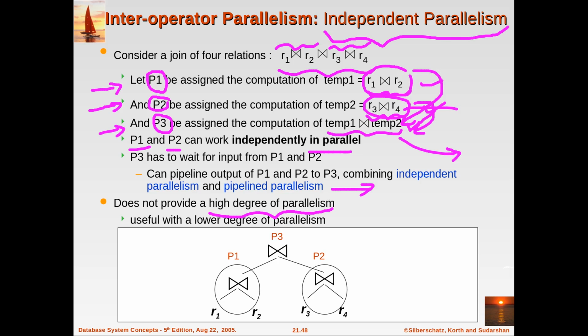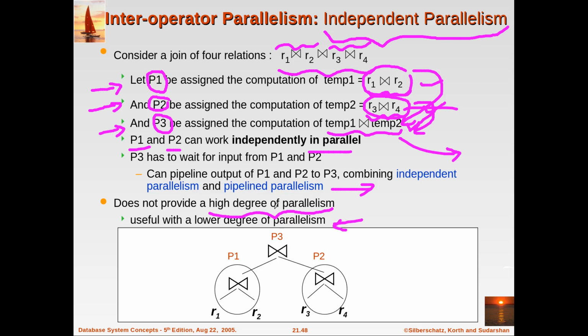So practically it is very costly as well as difficult to implement a high degree of parallelism, because we will not always have independent operations. So we cannot always say that it will have a high degree of parallelism. It is also useful for low degree of parallelism situations.